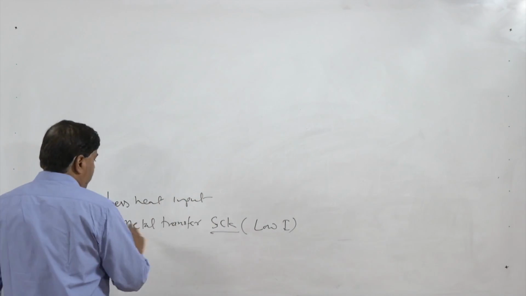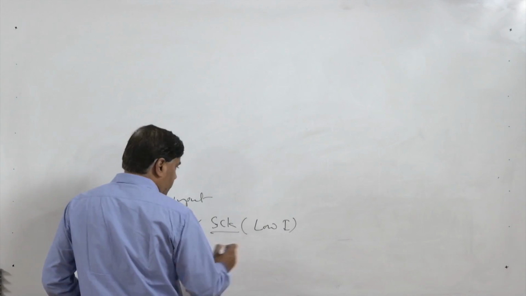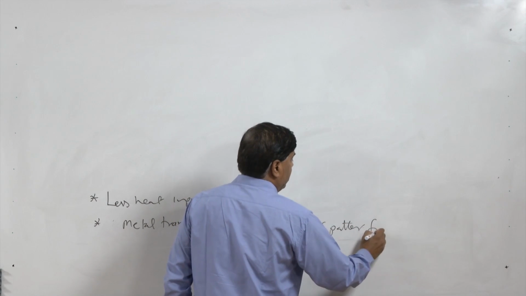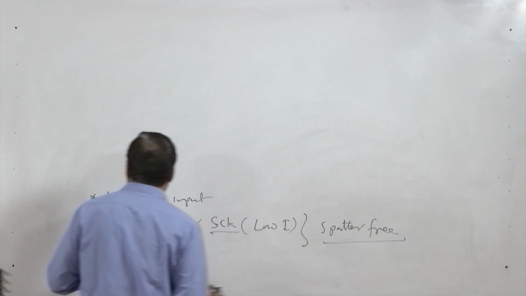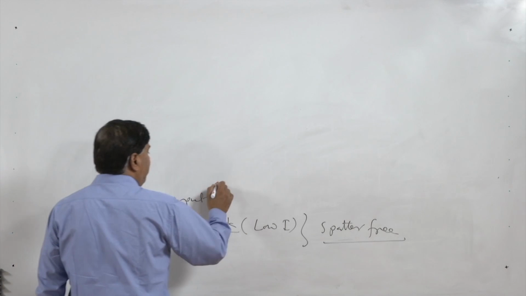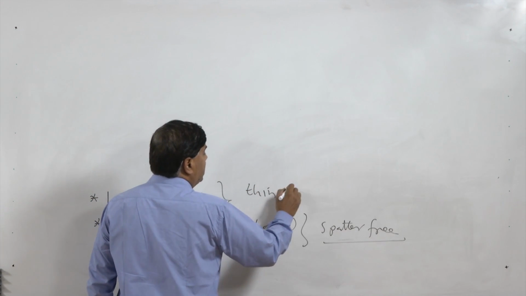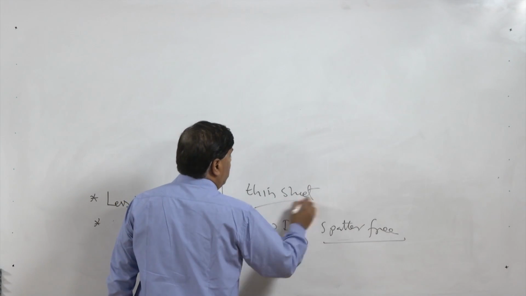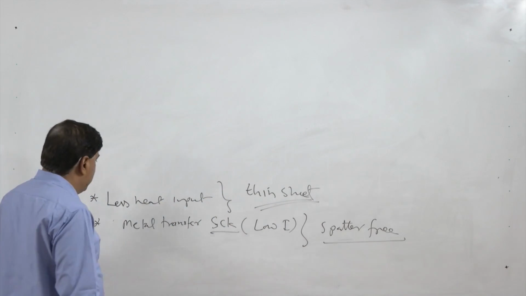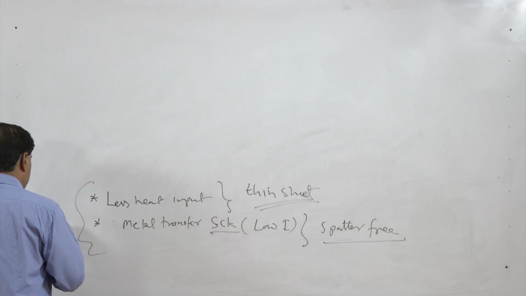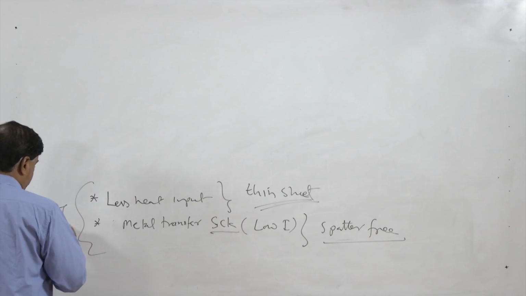Because of this feature, the transfer is spatter free, and the low heat input will facilitate the welding of thin sheets. So, these are the two key features related to cold metal transfer welding.